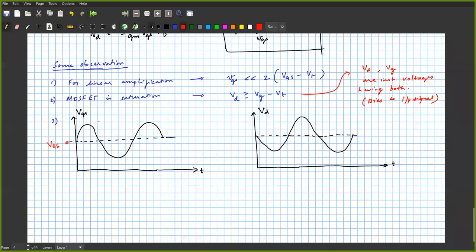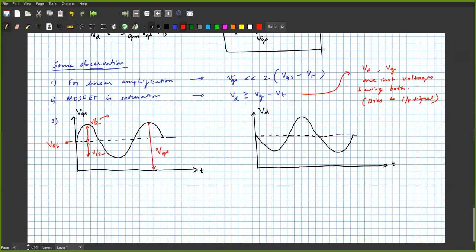Okay, so if I consider this to be V by 2 and V by 2, which you see, that is capital V, small g, small s.